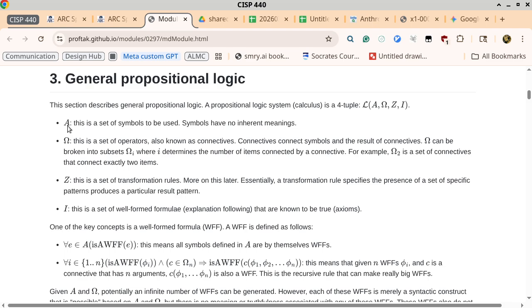Omega is a set of what they call connectives. If you follow the actual term of classic propositional logic, omega is a set of connectives, which is actually spelled out here. But because this is a computer science class, and I assume everybody has taken CISP 360, in our understanding, a connective is nothing more than just a Boolean operator.